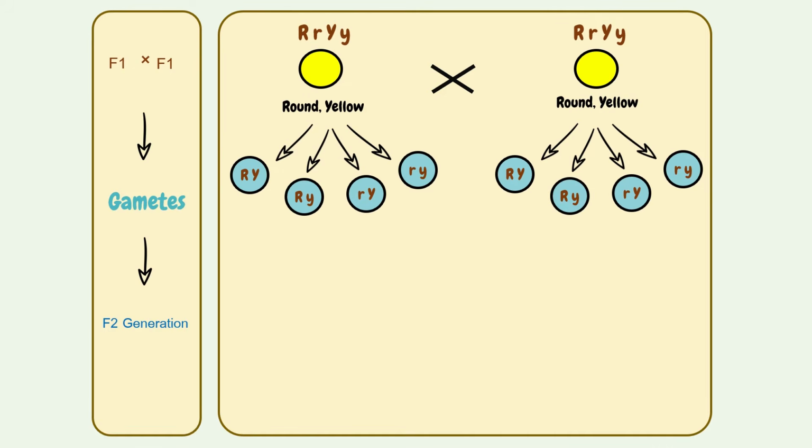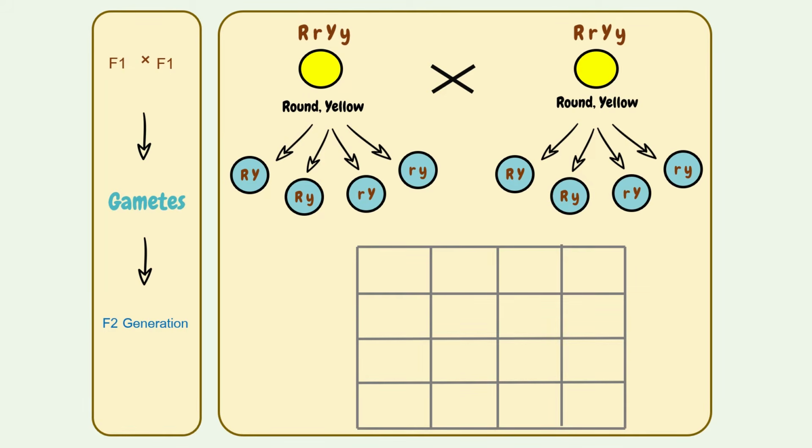Now let's understand the genotype and phenotype of the F2 generation. Using a Punnett square, on one side, gametes of one F1 generation are arranged, and on the other side, gametes of the other F1 generation are arranged.